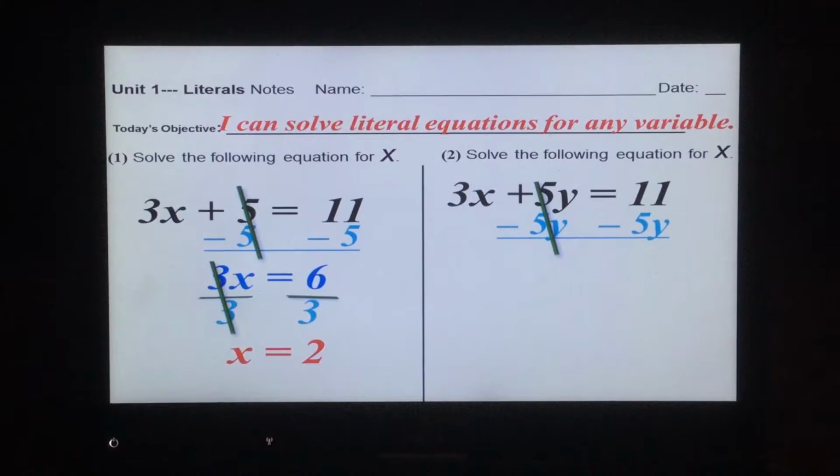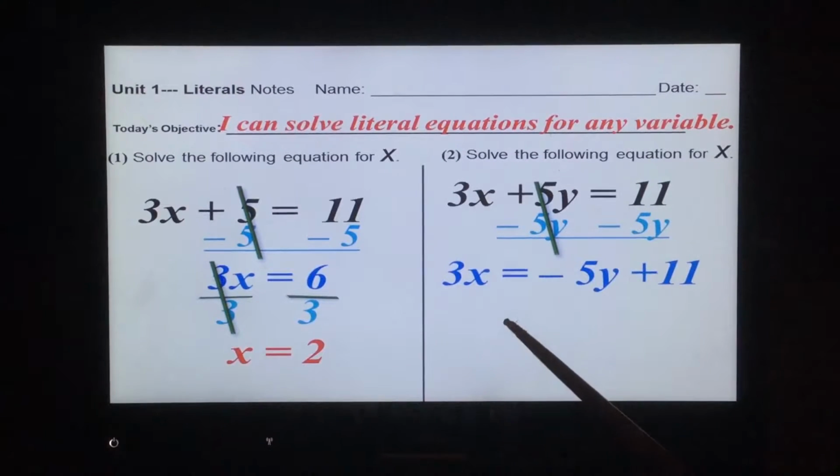Now this is not going to be 6y, because they are not like terms. 11 is just a number, and then we have a variable of y. What you do in this case is you just rewrite them next to each other. Now there's an invisible positive sign in front of 11, so the way that you would write this is 3x equals negative 5y plus 11. Again, these two cannot come together because they're not like terms.